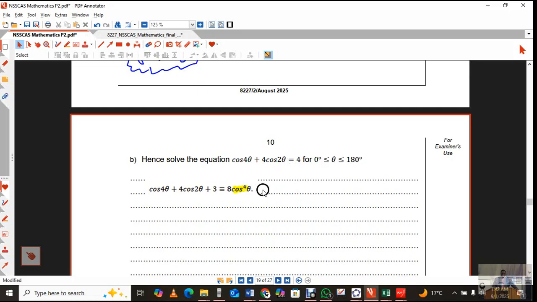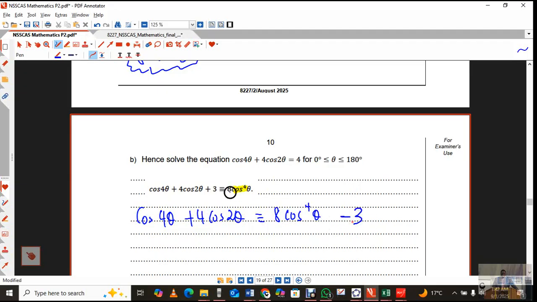The left hand side of this one doesn't look exactly like the left hand side of that one. So what we are going to do is say cos 4 theta plus 4 cos 2 theta is identical to 8 cos 4 theta minus 3. That means I move that. So now this is exactly like that.